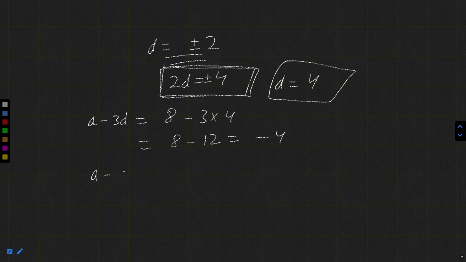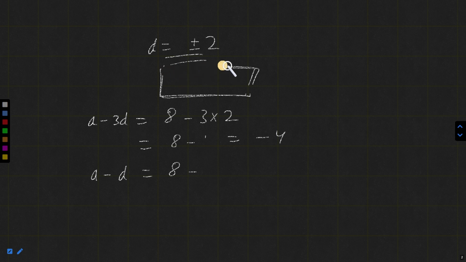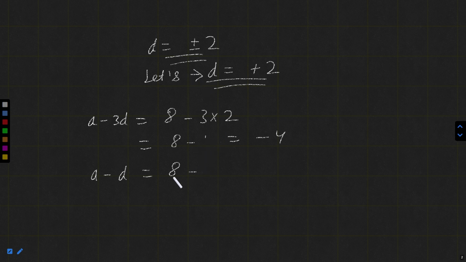Now a minus d means 8 minus d, the value for d I am taking is plus 2, so this is 6.